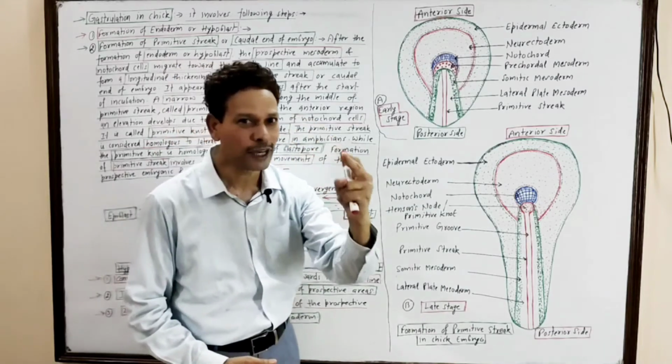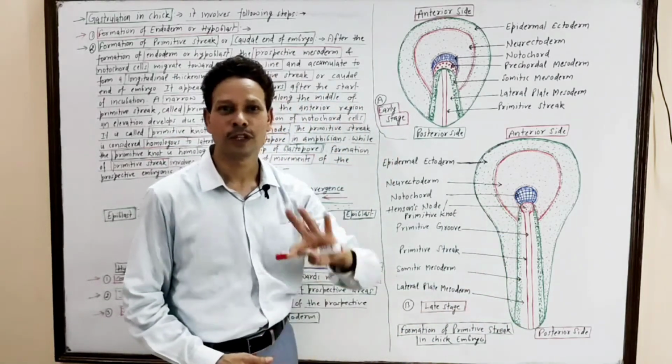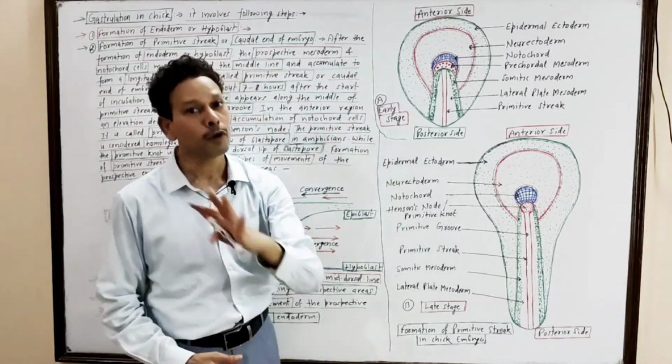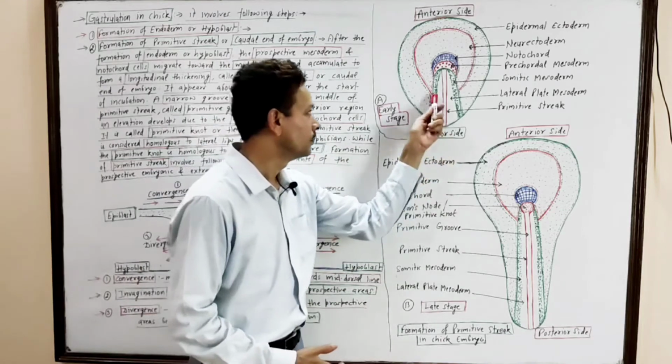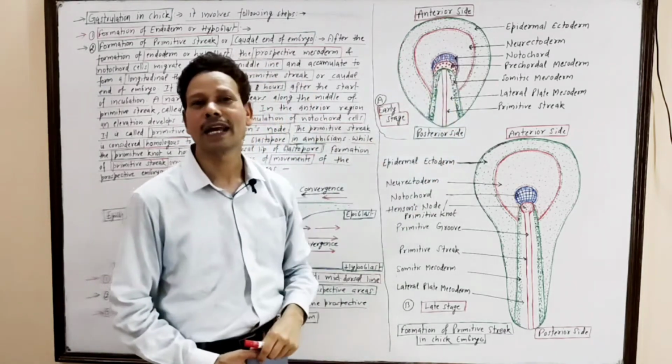Note down, competitive exam students, this primitive streak develops due to specific movements of prospective areas of mesoderm and notochord cells.